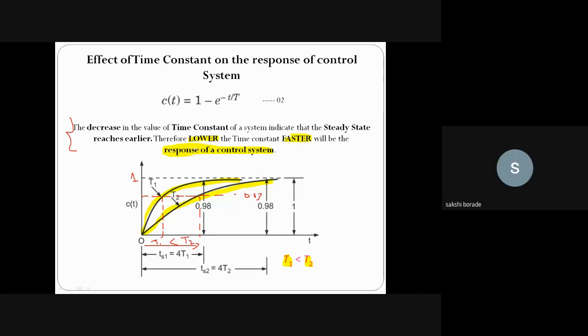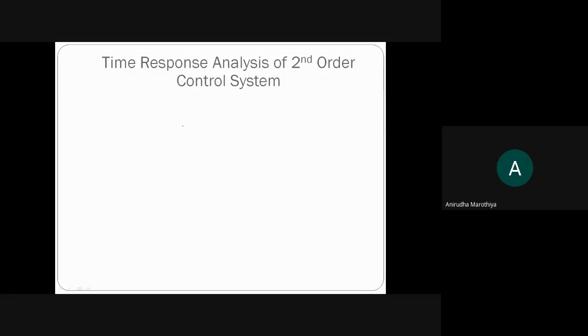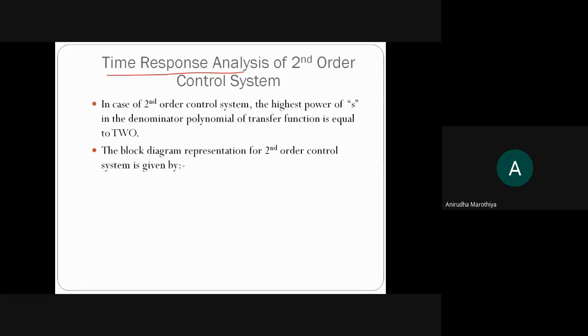Yes, sir. Okay. Now let us try to study the response of second order control system. In the last lecture we studied the response of first order control system. Now let us understand the time response analysis for second order control system. So what is the meaning of second order control system?